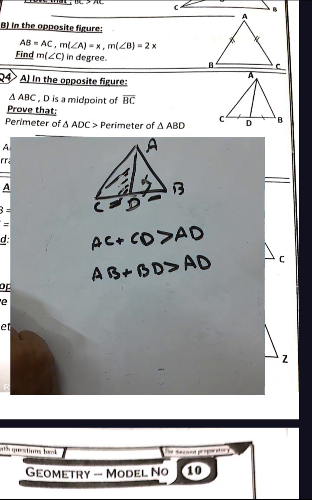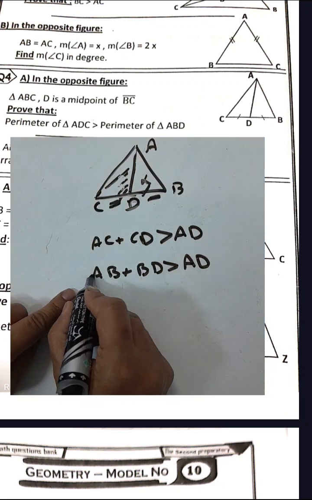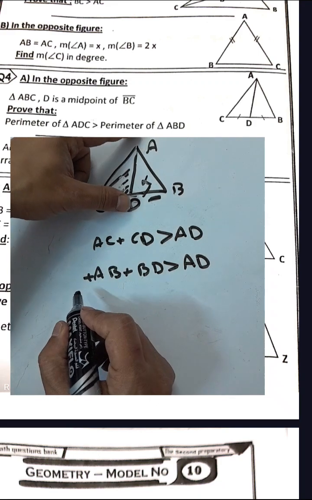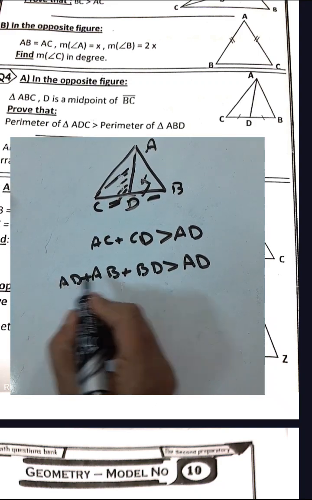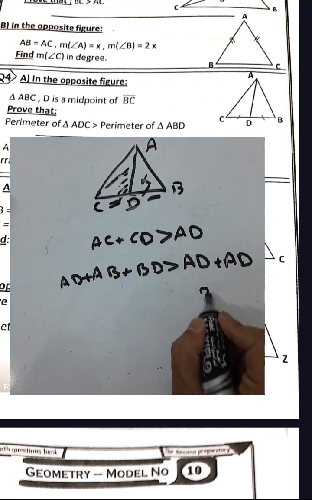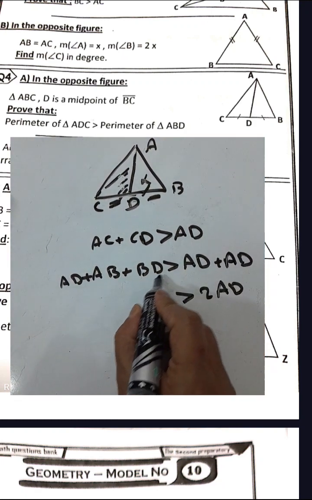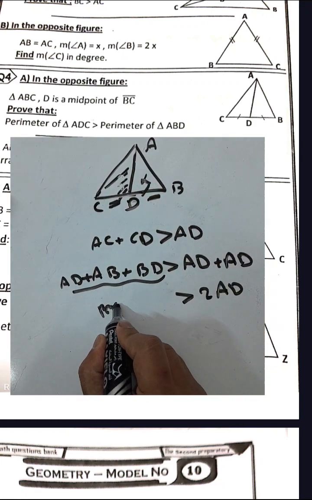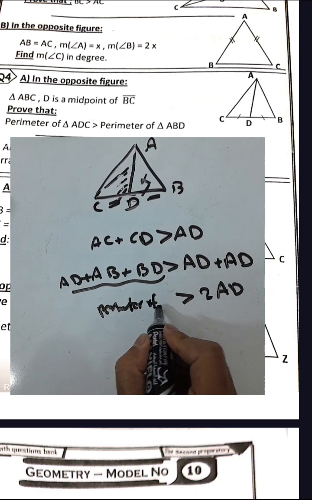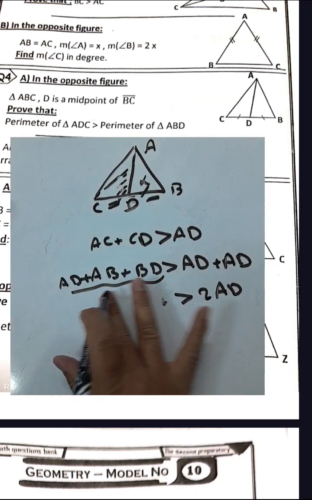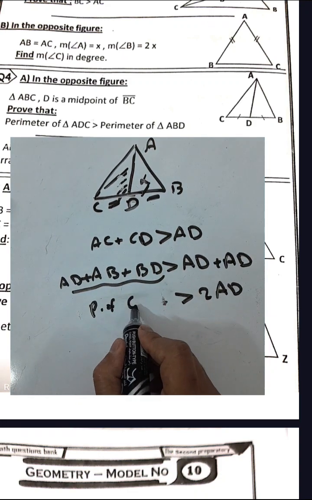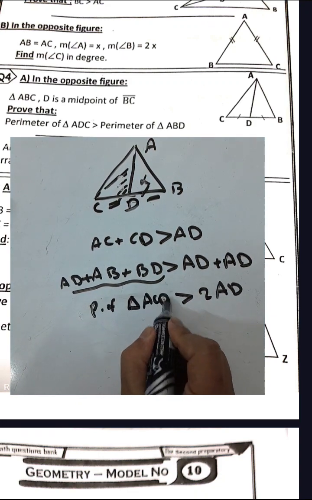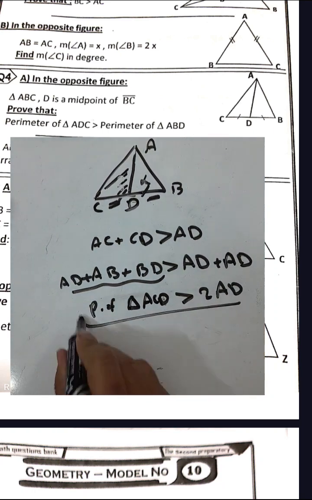ADC here, I want to add the side length here. I want to add here AD, okay, and here AD. Then twice AD is less than the perimeter of triangle ACD, greater than twice AD. Okay, it's relation number 2.